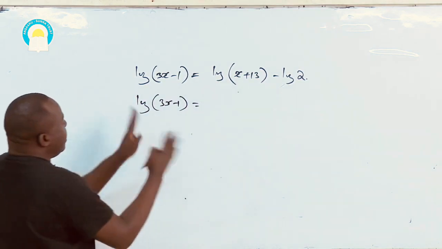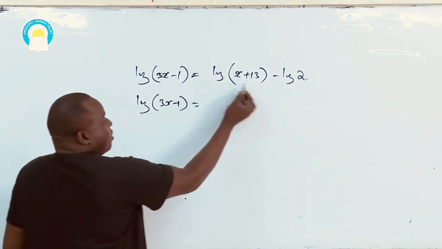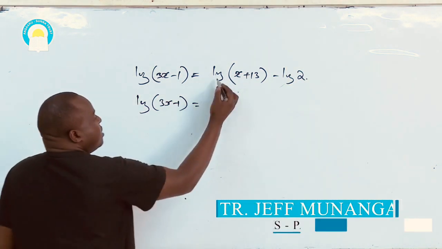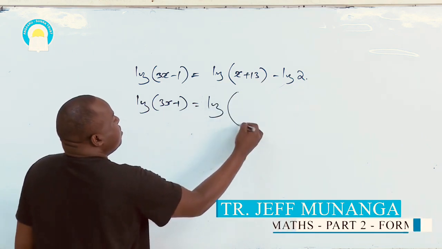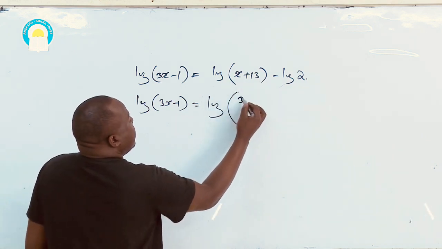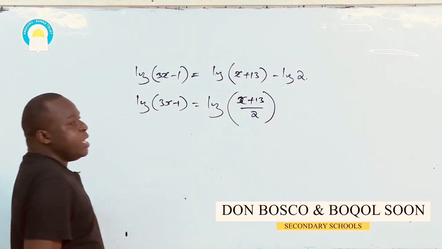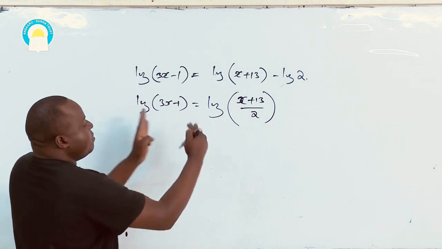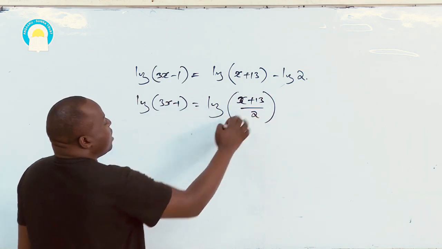And on the right, there are two logs separated by a negative. Remember the second law, so written as a single log it will be log of (x plus 13) divided by 2. Now, once you have one log on the left and one log on the right, get rid of the logs, then work out the values.